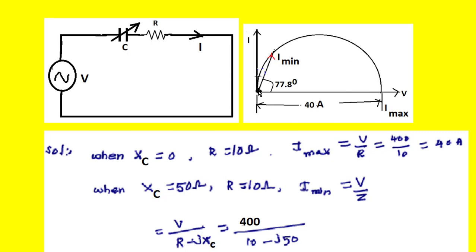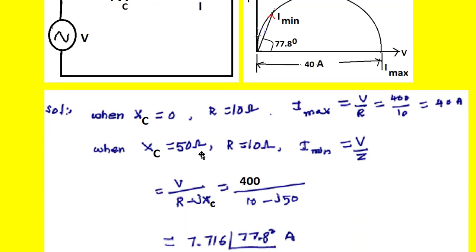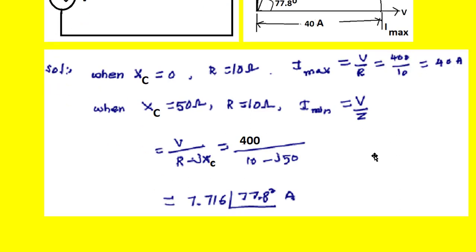But in this case, we have the capacitance maximum value of 50 ohms, and we have the fixed resistor of 10 ohms. So we get some minimum current. It is not going to be 0. It is going to be some value. That minimum current we can calculate using this formula, V divided by R minus jXC. The applied voltage is 400, so 400 divided by 10 minus j50.